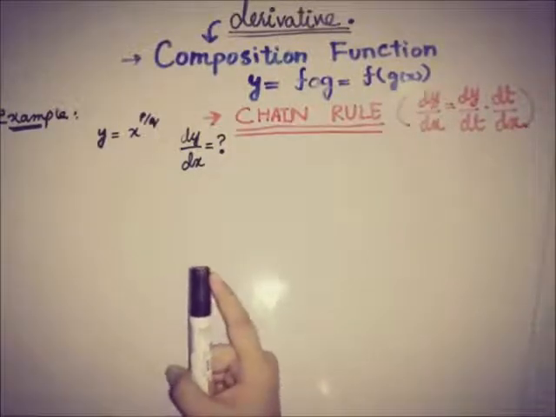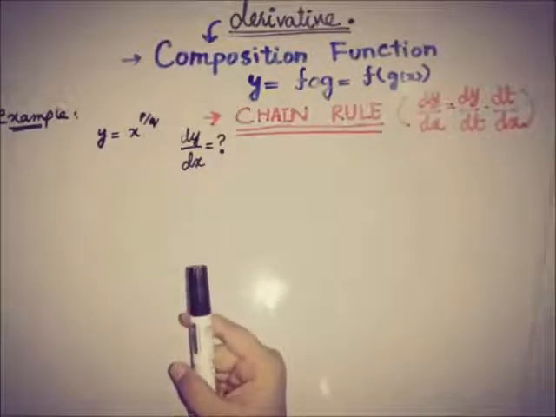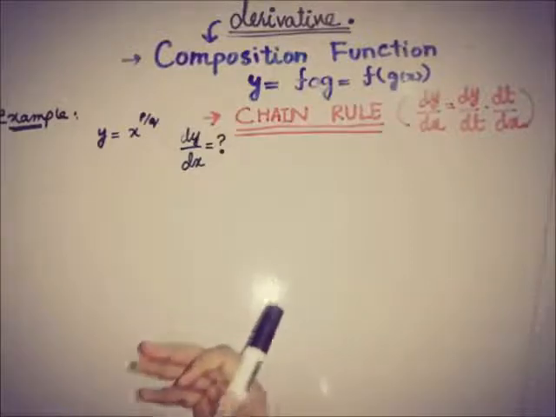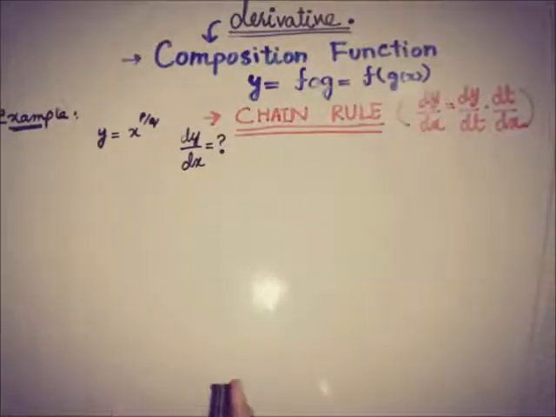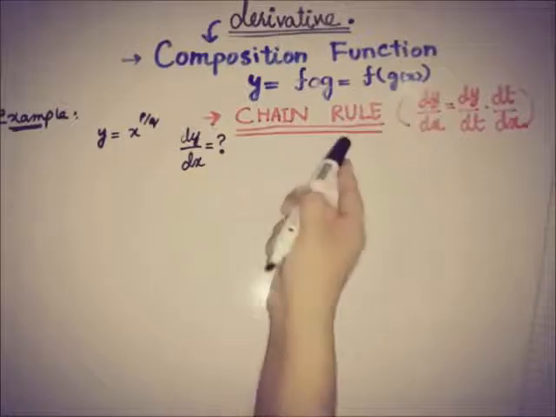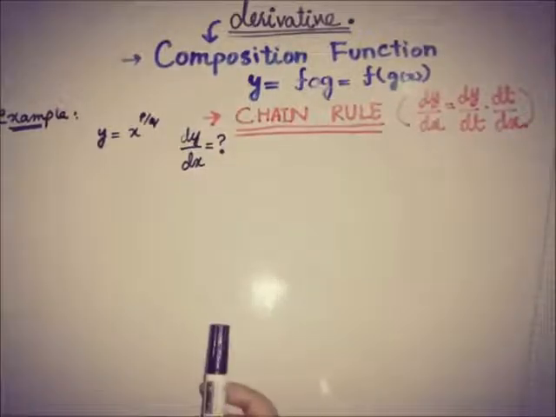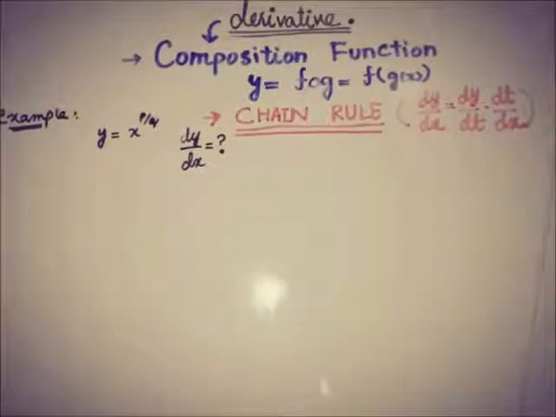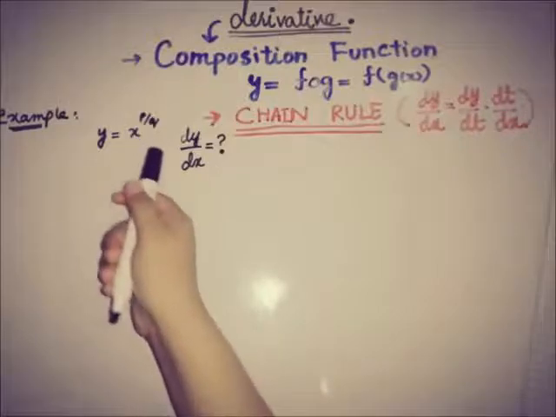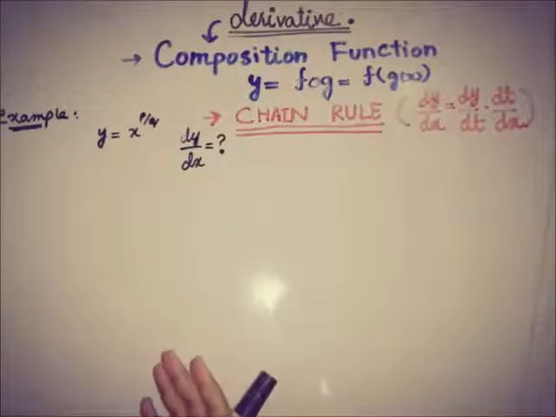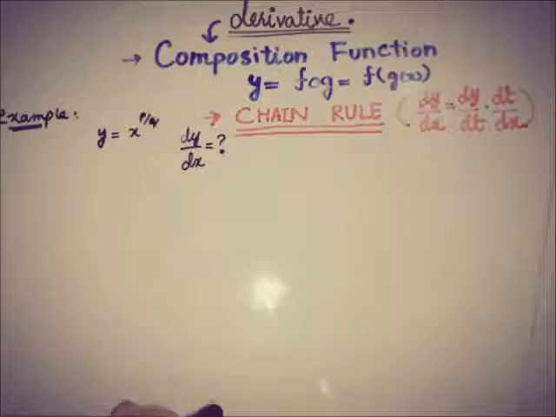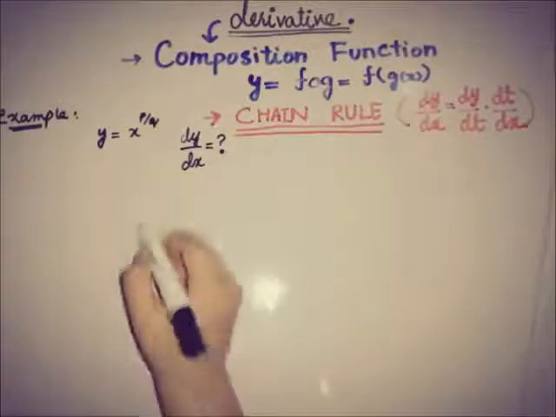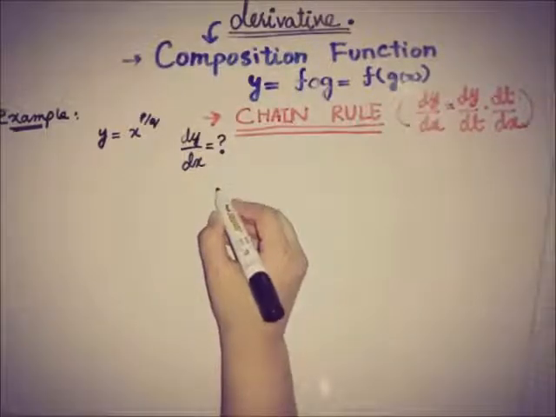Now we will use some of the methods to use the chain rule and then find the derivative by letting p by q be some other variable, or we can use some other method. So let's take this.